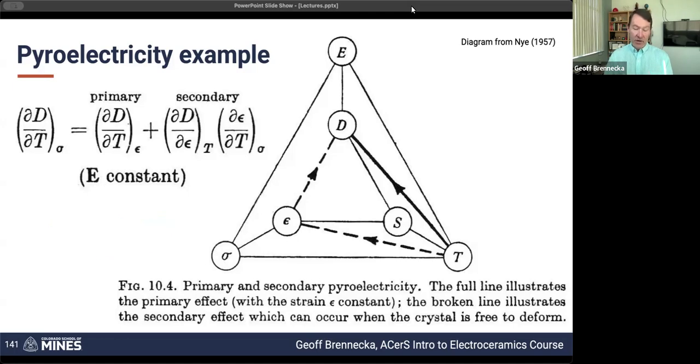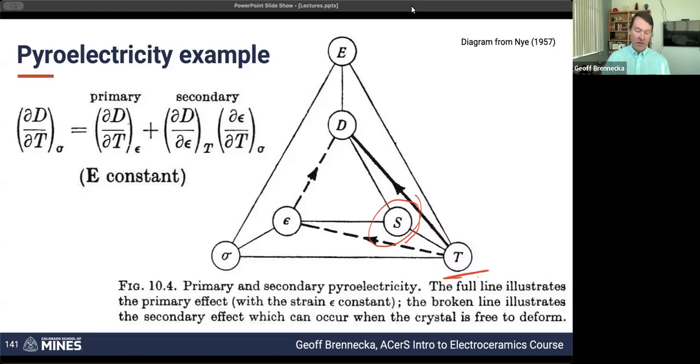So it's really hard to have exactly 0 strain. It's a little bit easier to have 0 stress just by letting things deform as they choose. Similarly, maintaining a constant entropy is really hard to do. Maintaining a constant temperature is a little bit easier, at least relatively easier. So that's another way of approaching these.